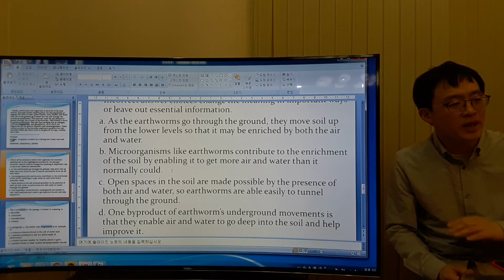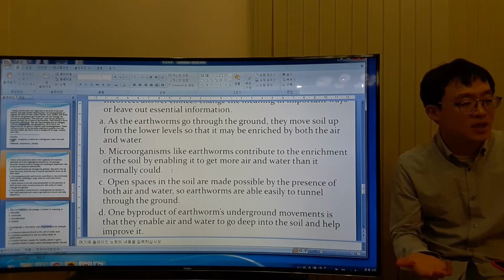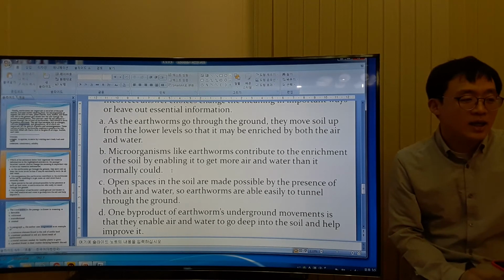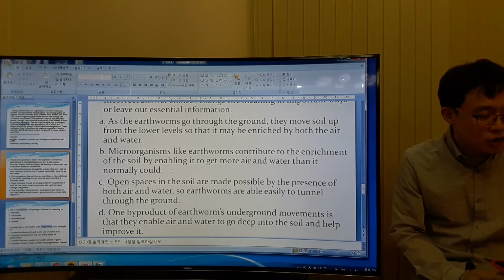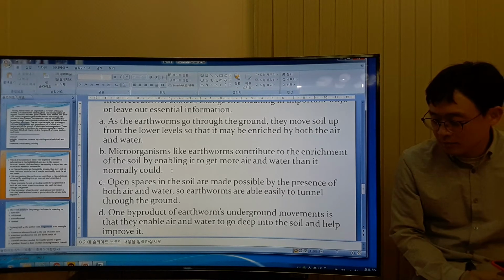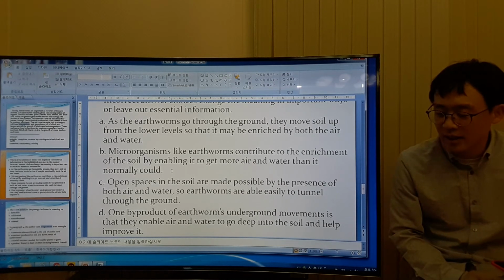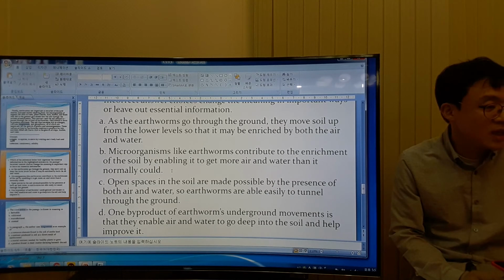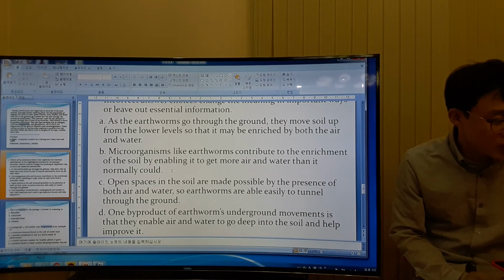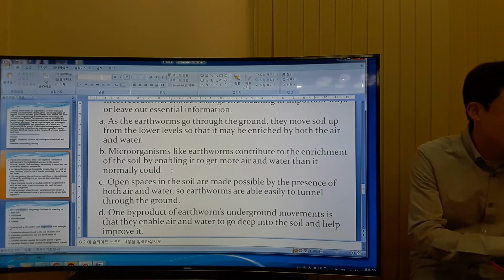This is close, but microorganisms here is not the earthworms. The earthworms, by making a passage of air and water, provides nutrients to the microorganisms. Microorganisms are not the earthworms, so B is not the answer.